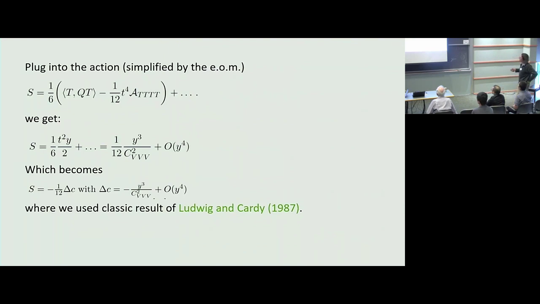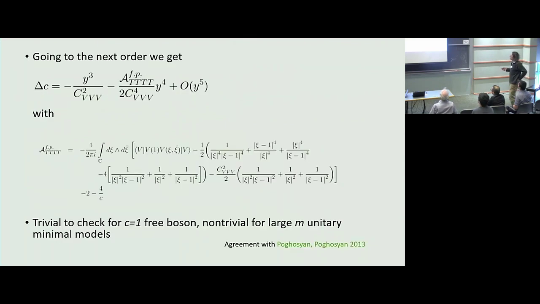So we use this formula by Ludwig and Cardy as an input. Surprisingly, we find that this persists when we go to next to leading order. There was an impressive calculation by Dan Jaroslav, and this is a very concrete finite formula.